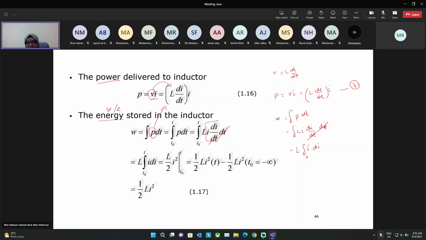So usually we integrate from 0 to t. And when you integrate i, you get i squared over 2. You substitute from 0 to t.